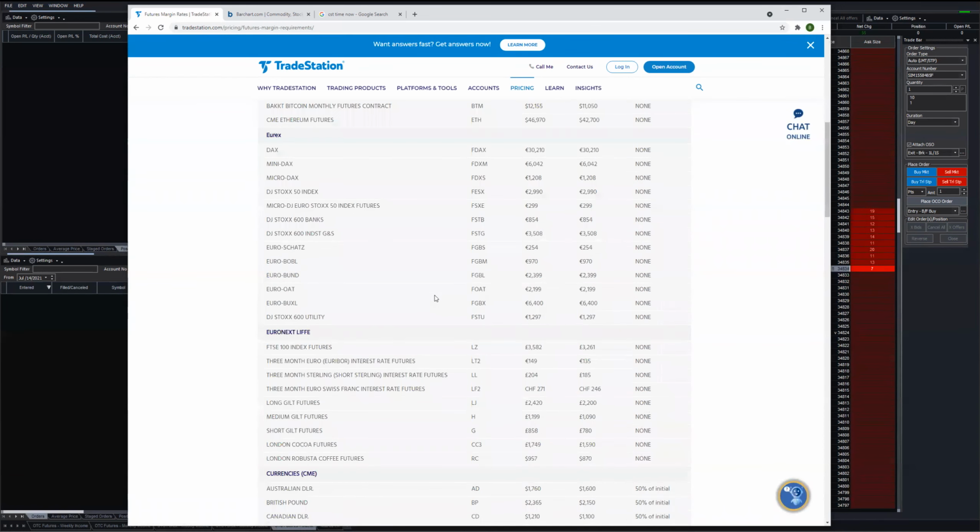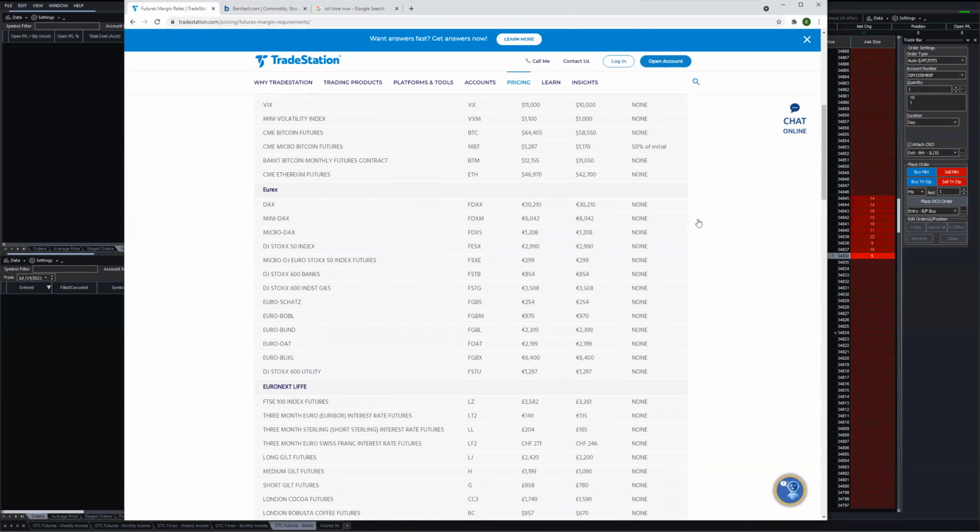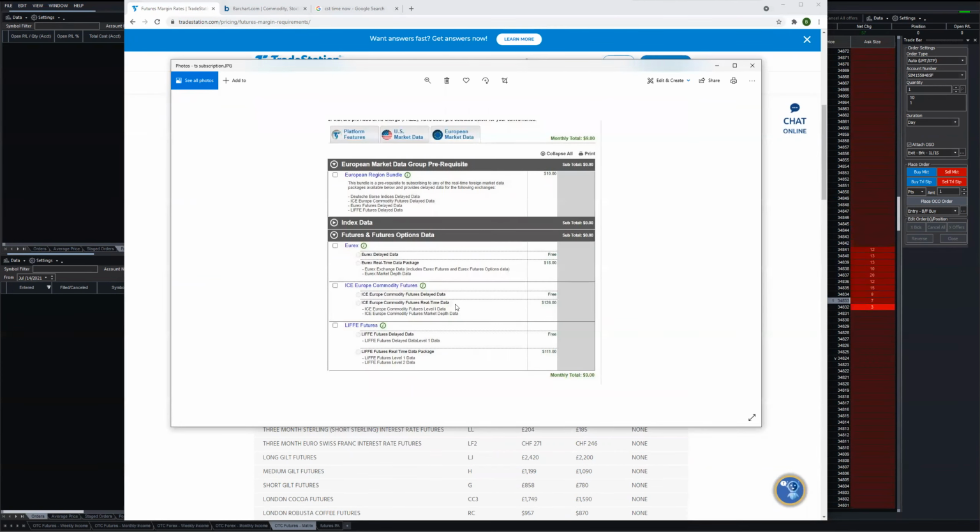But now back to interest rates. One more thing: I was doing a screenshot. We talked about the subscription fees for the exchanges.